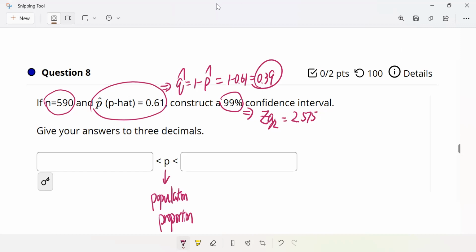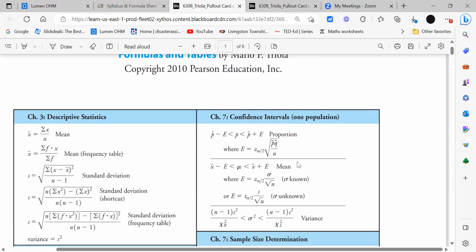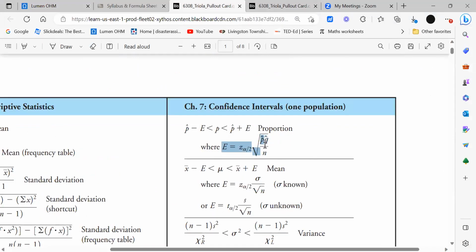And if you quickly look up the formulas from the formula sheet, this is the margin of error formula we are using here, right? We're going to take this, get a margin of error first, and then add and subtract from left and right to get a result.